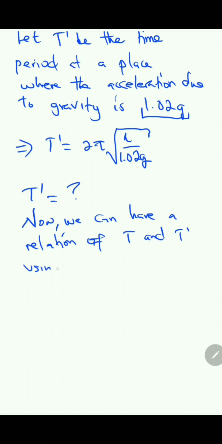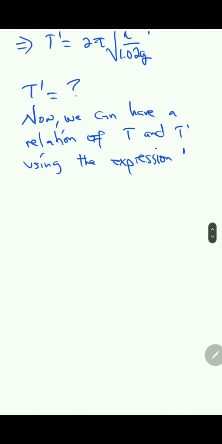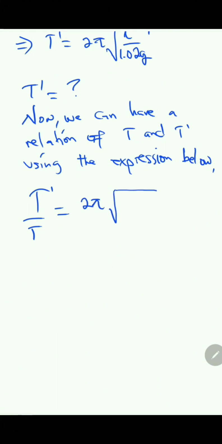So T and T prime can relate in form of a ratio, where we say T prime divided by T. So we substitute what we have for T prime, which is 2 pi multiplied by the root of L divided by 1.02 g.